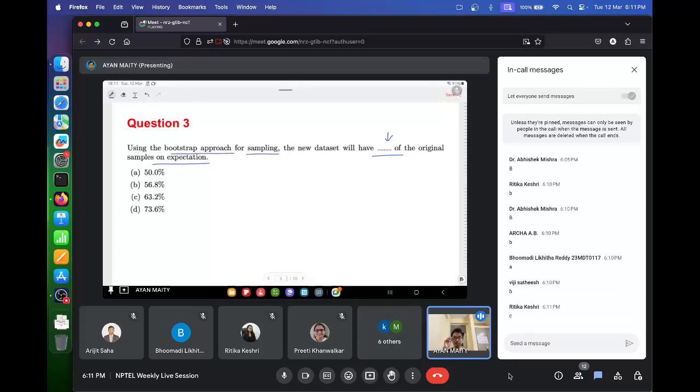If we use the bootstrap approach for sampling, how many data points of the original dataset will we actually have in the bootstrapped sampled dataset? Ritika says C, Likita Reddy says A, Deepandar Rathod says C. Any other answers?